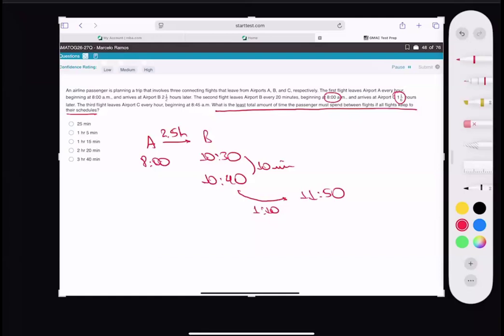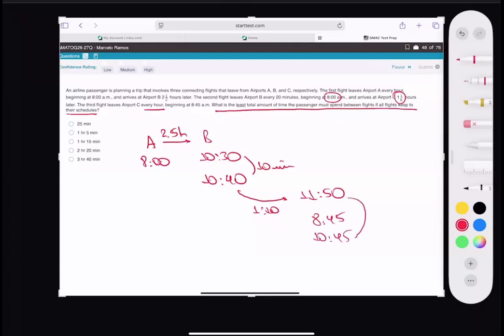But here it starts at 8:45, and it's every hour. So 9:45, 10:45.